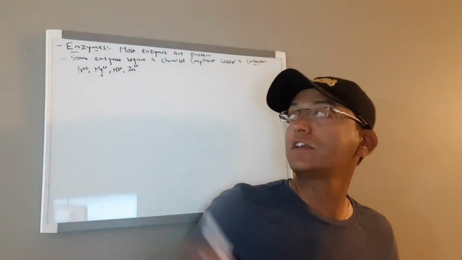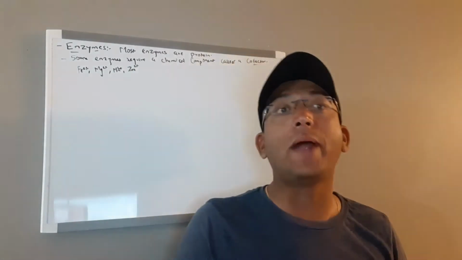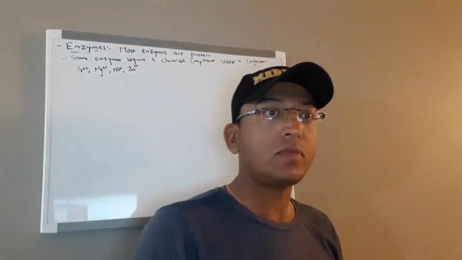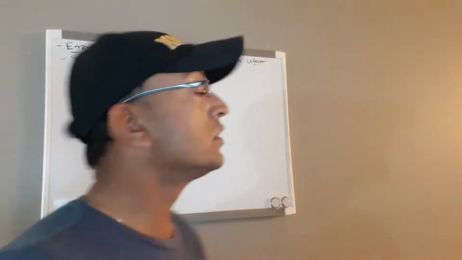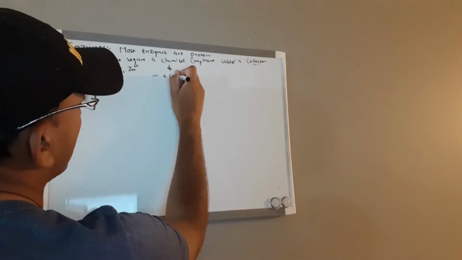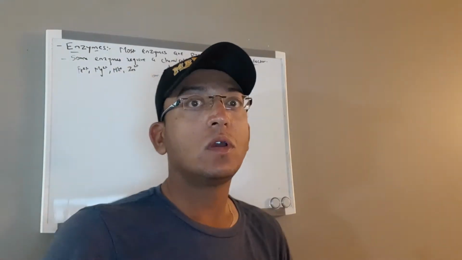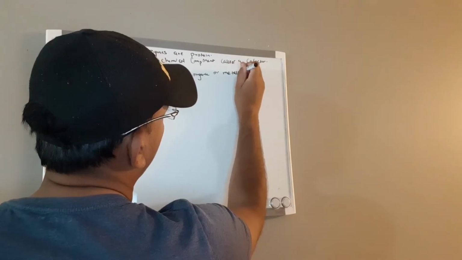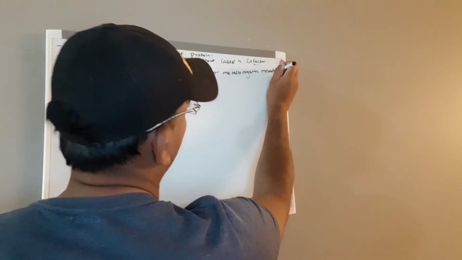Right, so these are some of the cofactors. If not cofactors, then a complex organic or metallo-organic molecule can also be attached to the enzyme, and that is called a coenzyme.